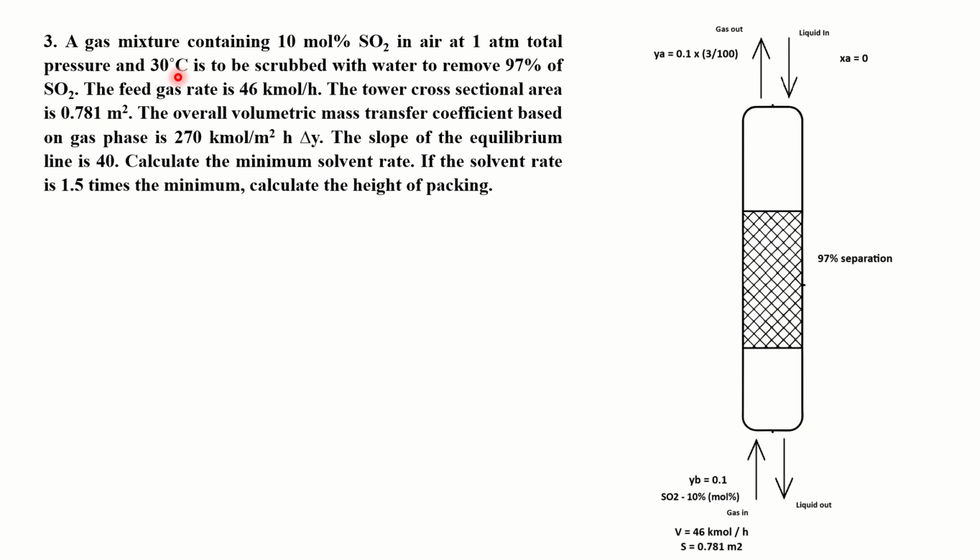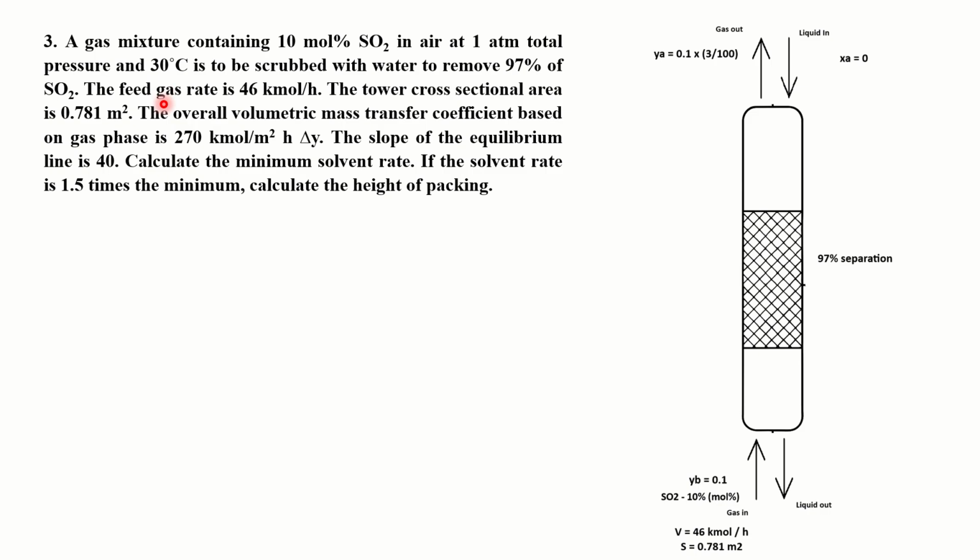So in the problem statement, it is mentioned that the sulfur dioxide present in air is removed with water. So the solute which is separated from the gas mixture is sulfur dioxide, with water as the solvent, in the case of a packed bed absorption column.